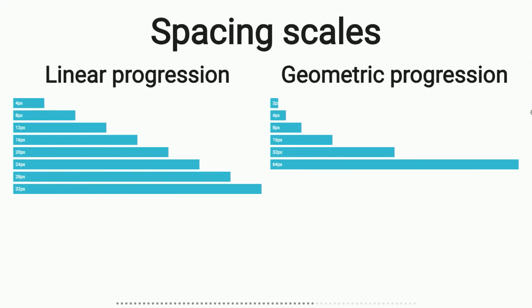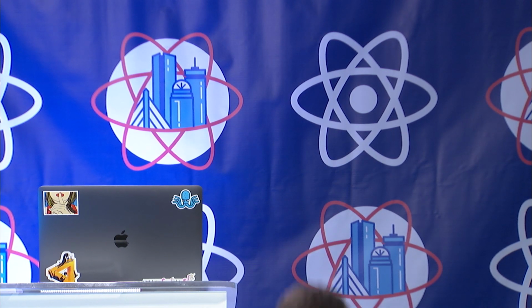Now, white space. Let's start with defining a spacing scale. A spacing scale is basically all spacing values that we're using in our app. And there are two most popular ways to define a spacing scale.